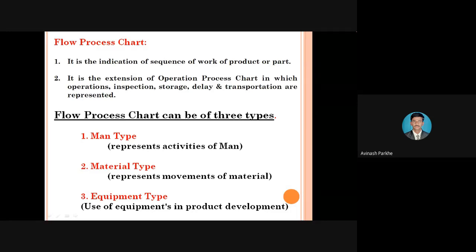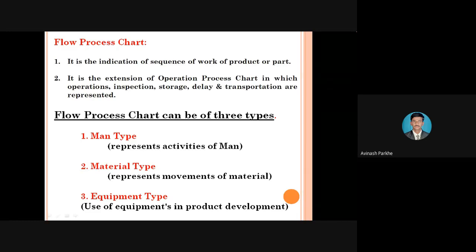At the right side of the symbol, the type of operation is represented, whether you are performing drilling, facing, threading or chamfering. And the time required to perform that operation, or the time required to perform that particular inspection, is represented at the left side.